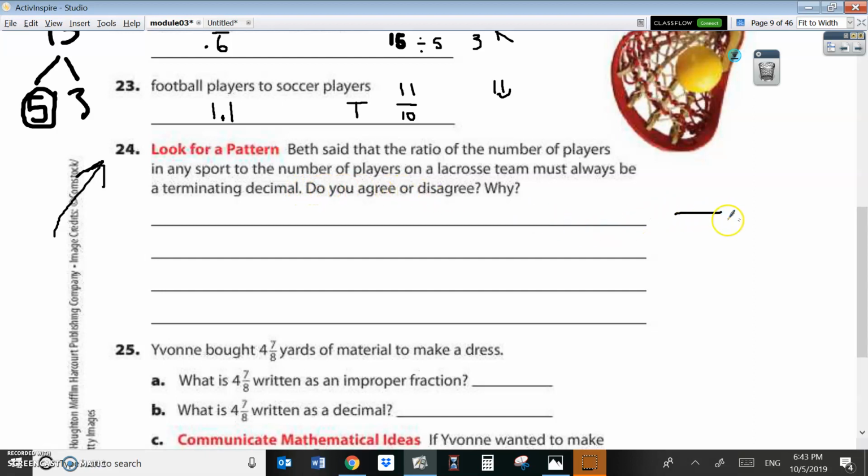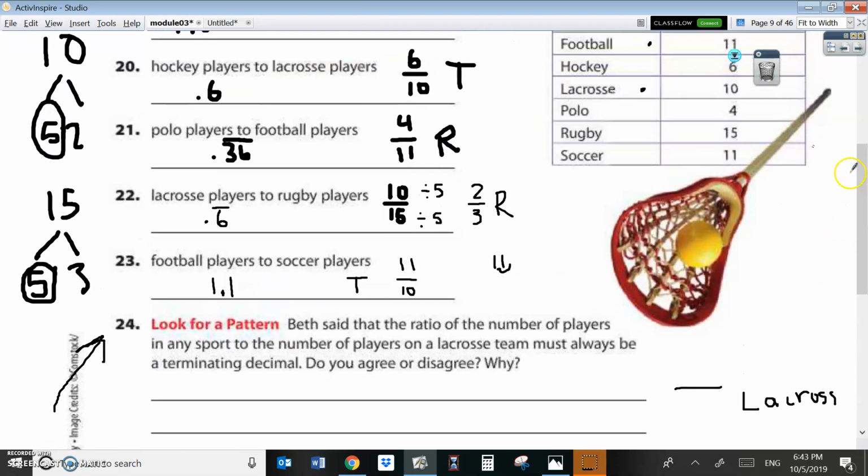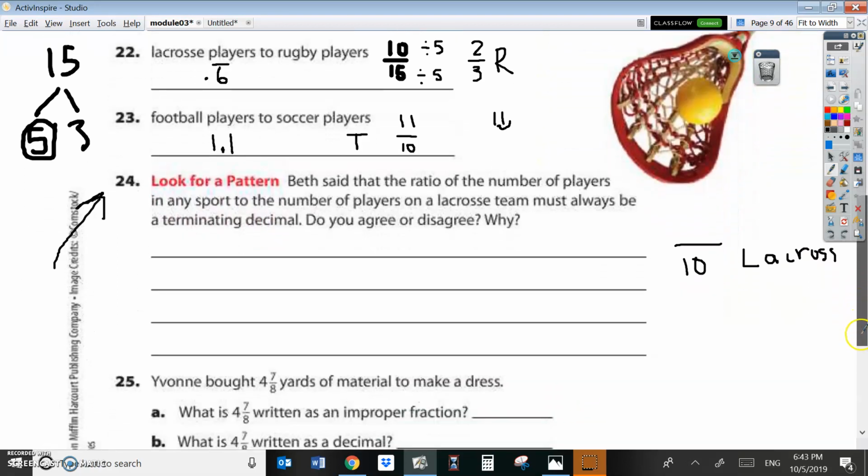So lacrosse had how many players? 10. So because it was 10, the decimal will always terminate.